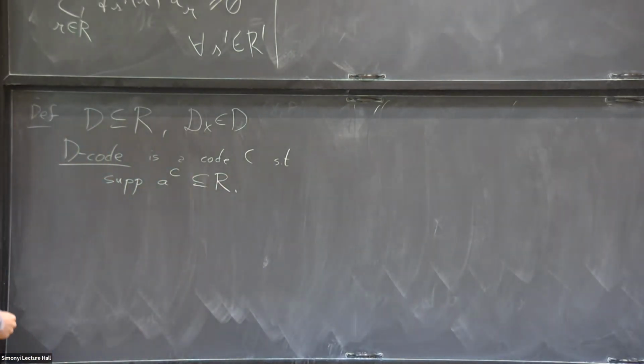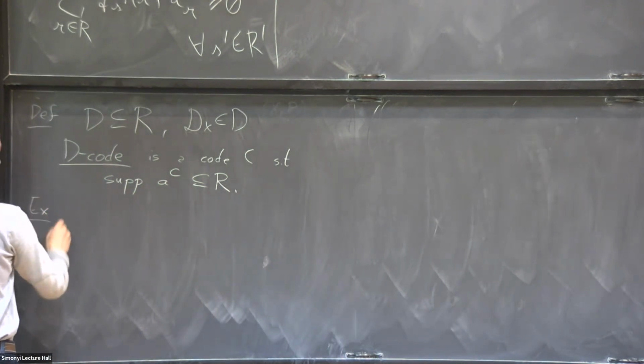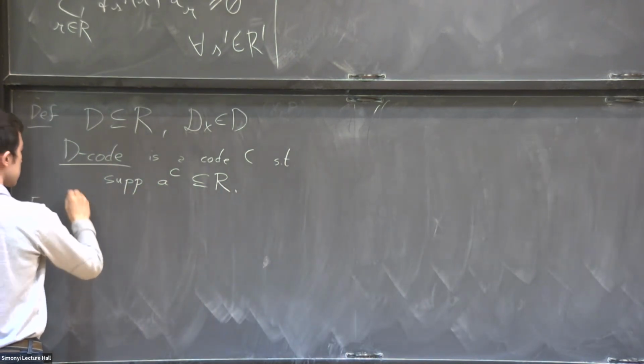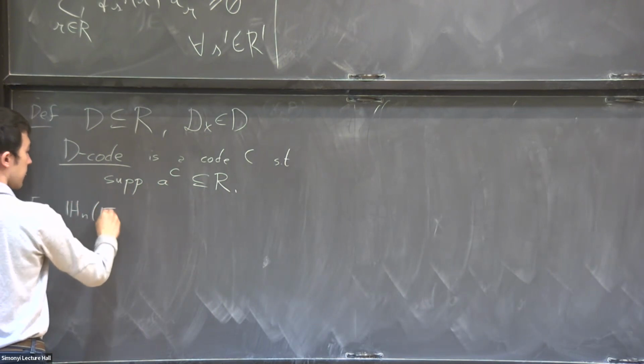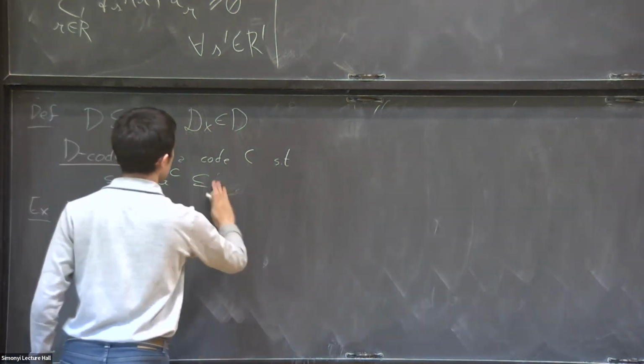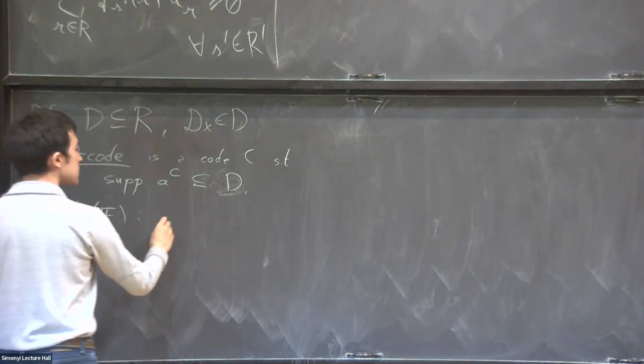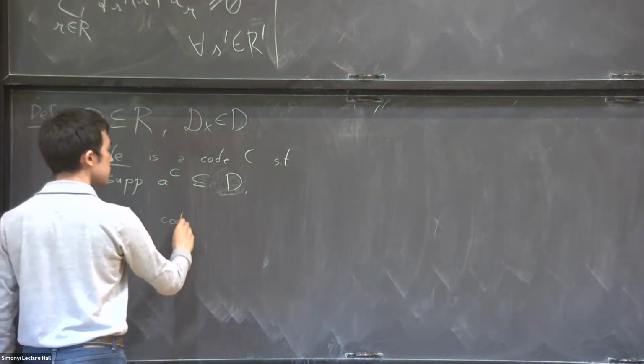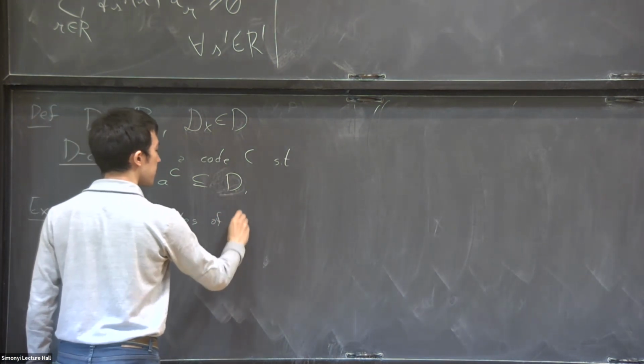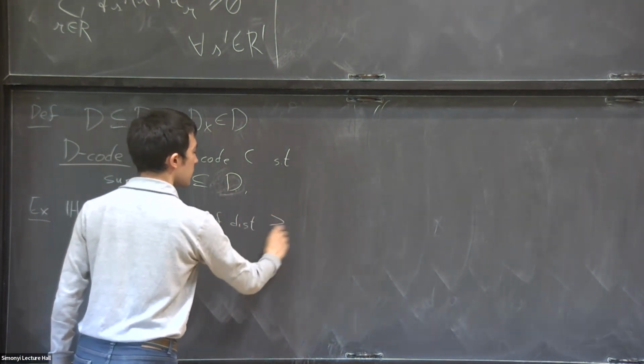And the idea here is that, in the Hamming scheme case, I'm interested in codes of distance at least delta.